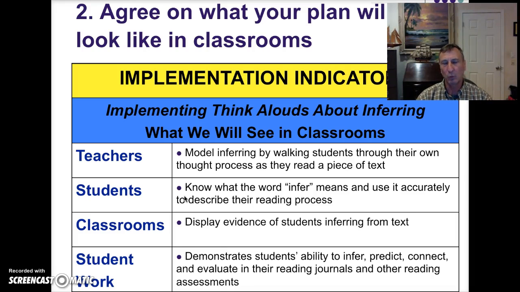So now, what would the plan look like in the classrooms? And you see that we have a couple perspectives. The teachers, the students, the classroom, and the student work. I think one of the biggest things that we want to see is the display of evidence in the classroom of students inferring from the text.